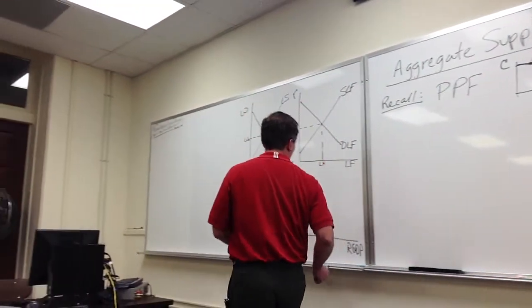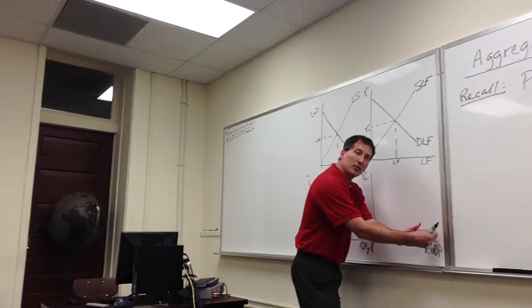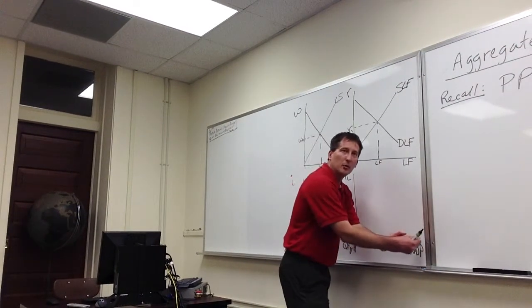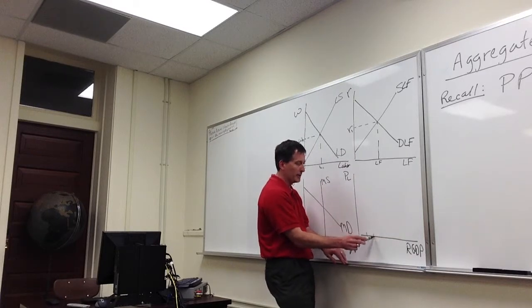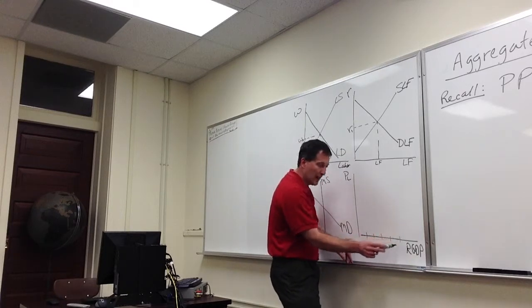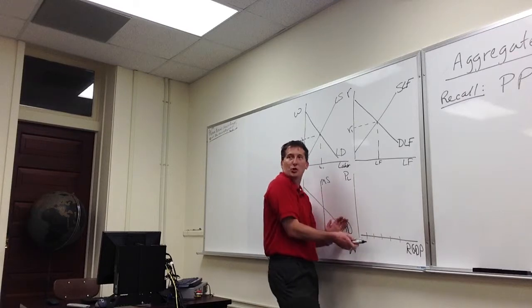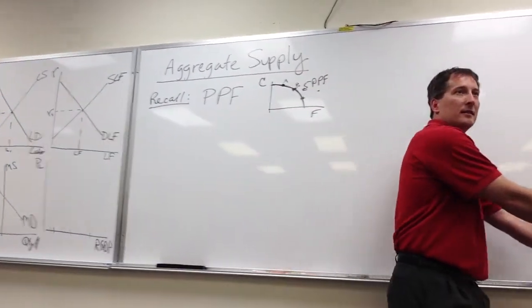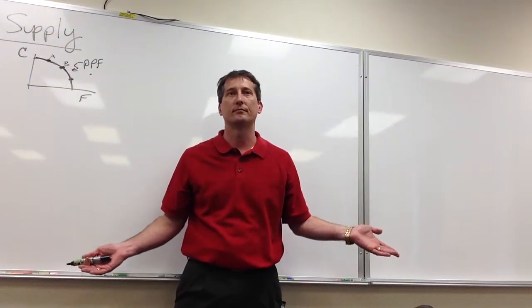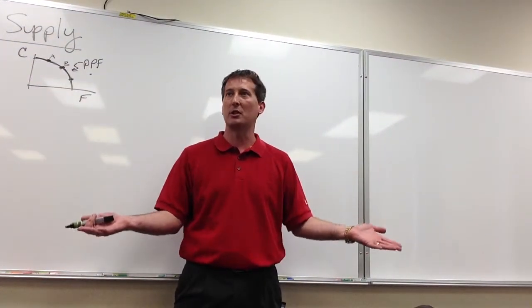That creates an upper limit moving along the horizontal axis. So if we're going from 100 to 200 to 300 to 400 to 500, can we just choose to keep supplying more and more and more and more? No. We're going to run out of resources eventually.